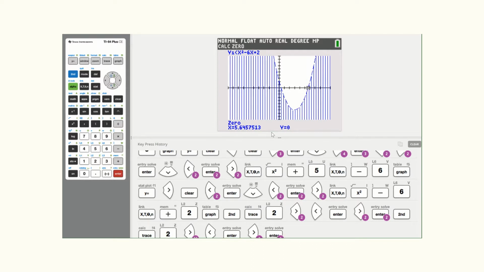And here it says that when y is 0, x is 5.6457513. The other portion of my solution is x must be greater than 5.65. We can see that from the shading. So my solution would be a brace, x such that x is less than 0.35 or x is greater than 5.65.